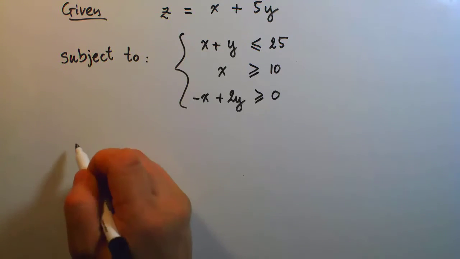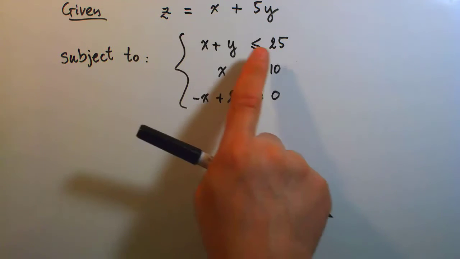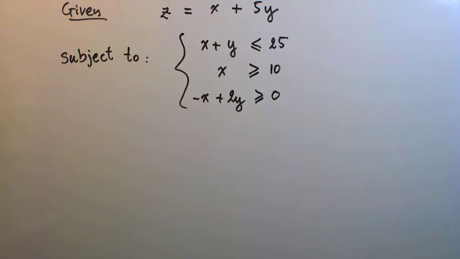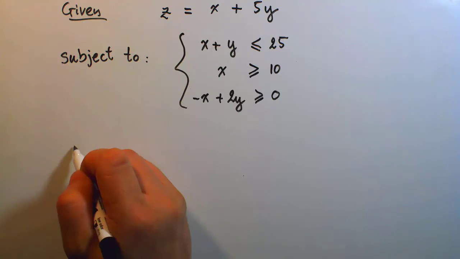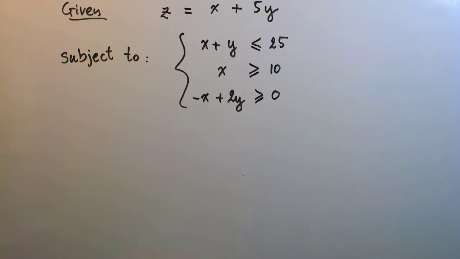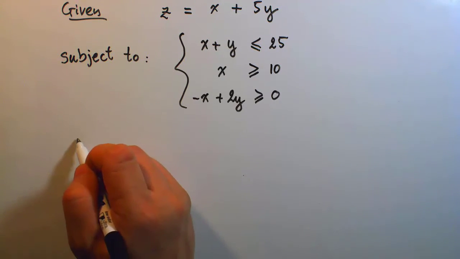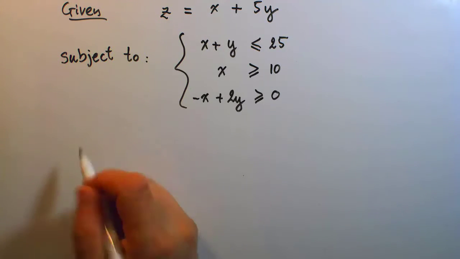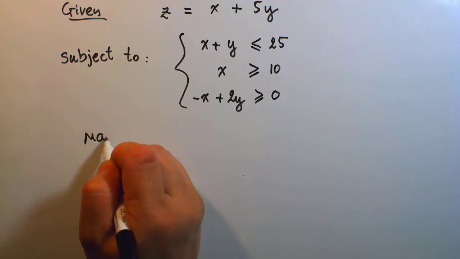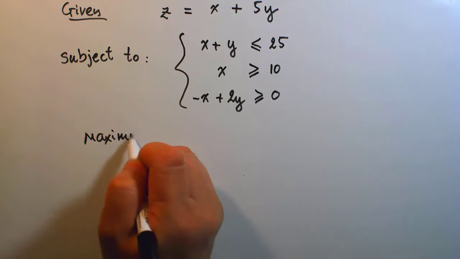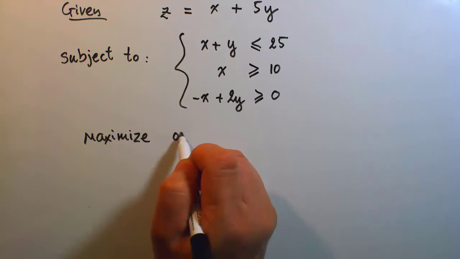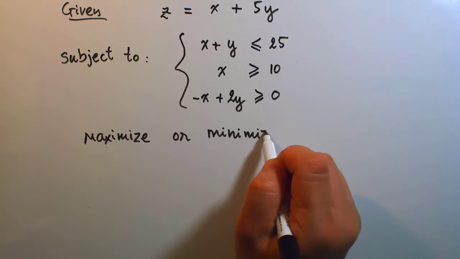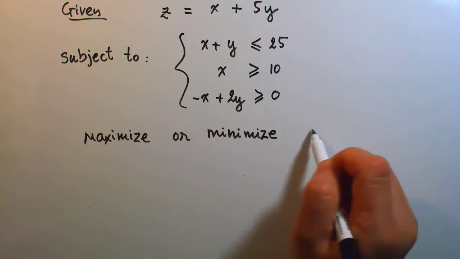And then ultimately, after understanding that we're only working with a list of constraints like this, on that function with a list of given constraints, we were able to find, or in other words, we were able to maximize. We can either maximize or minimize our function value, the value of z.